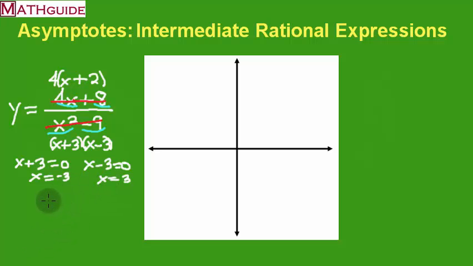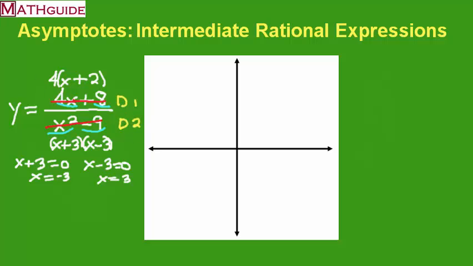Alright, next what we're going to do is find the horizontal asymptote. And that's based on degree. So let's see, the degree of the numerator is 1, because we have a 1x there. The degree of the denominator, well, it's a square, x times x, x squared, that's 2.